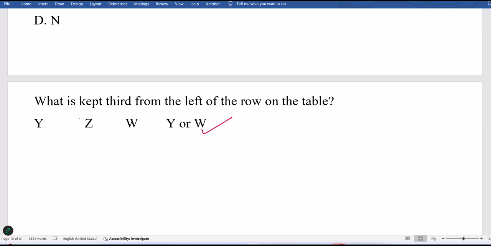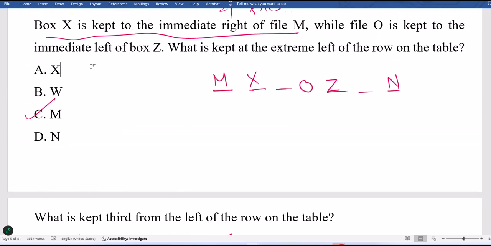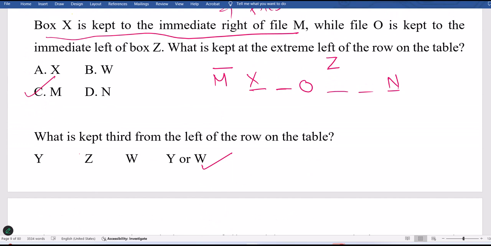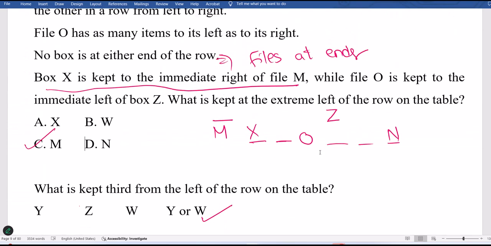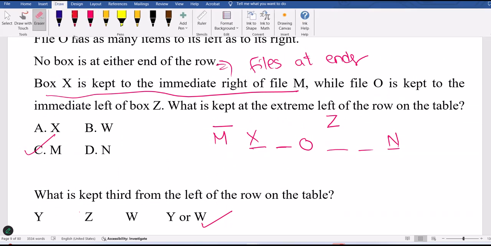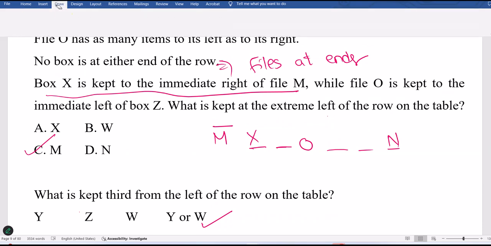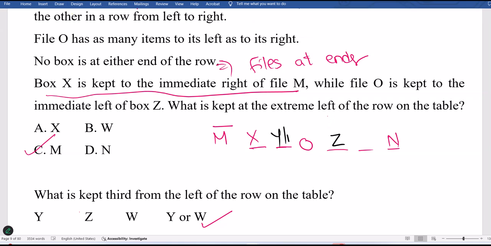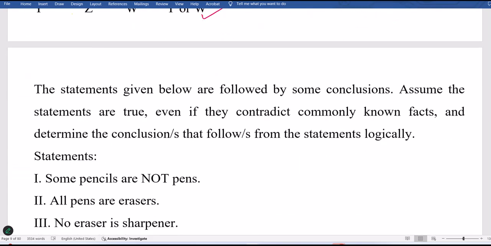There is no fixing: either W or Y. So we cannot decide that. That's what, here it should be Y or W, either-or.